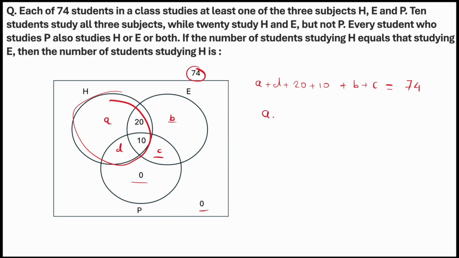This can be simplified to A plus D plus B plus C being equal to 74 minus 30, which is 44. Let's call this our equation 1.